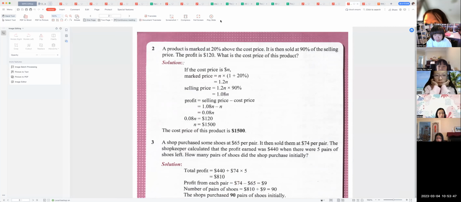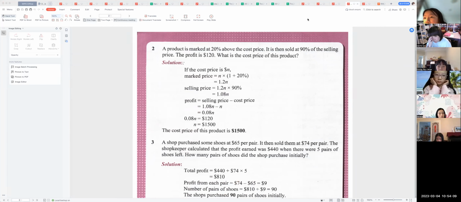What does it mean? If the cost of this thing is $10, then we're selling for 12, right? 20% more. If the cost is 20, we're selling for $24. Then it is sold for 90% of the marked price. The profit is 120. What is the cost price for this product?